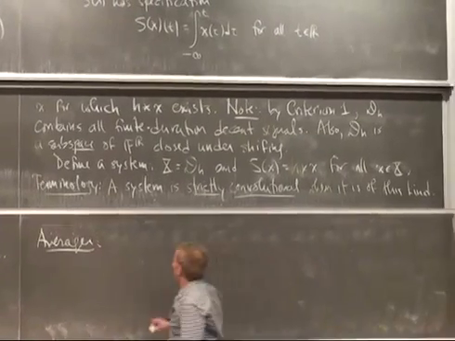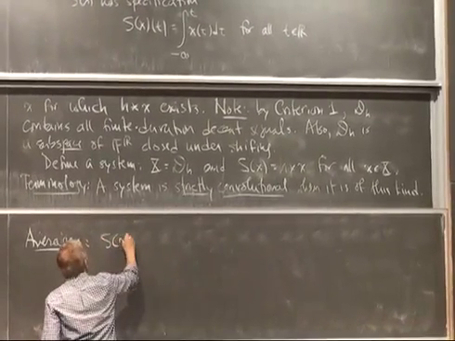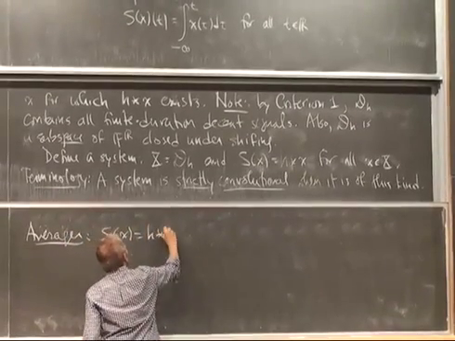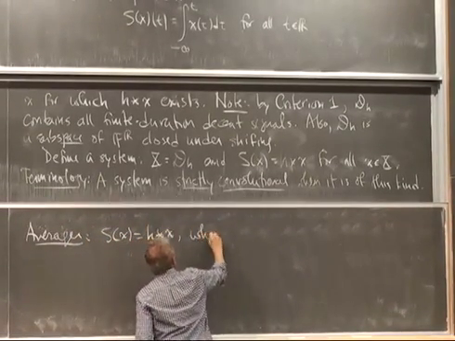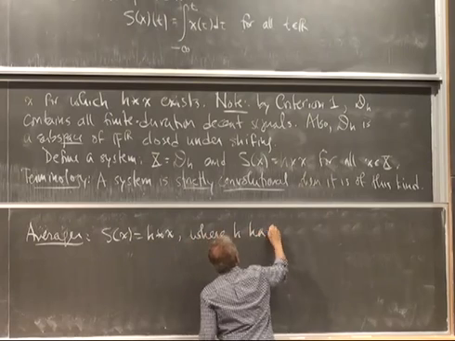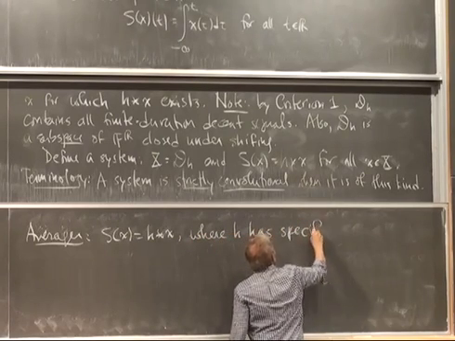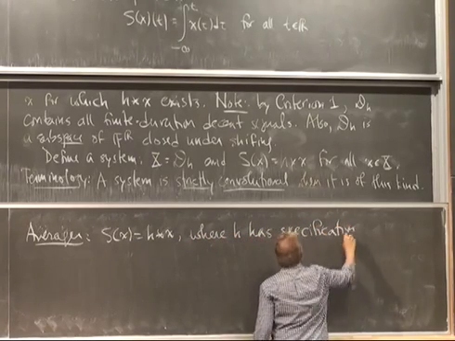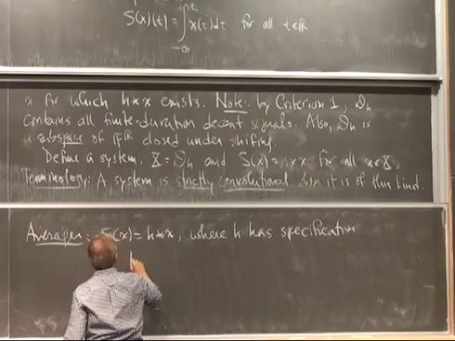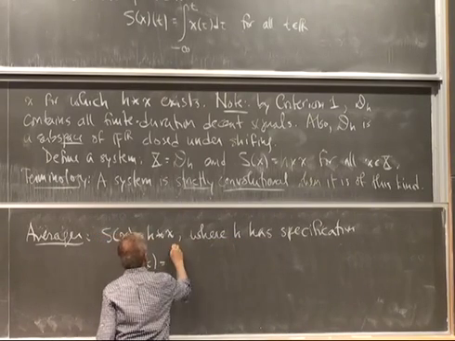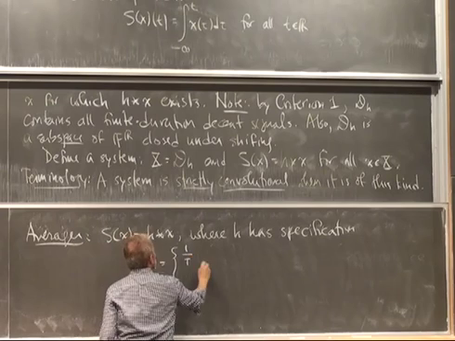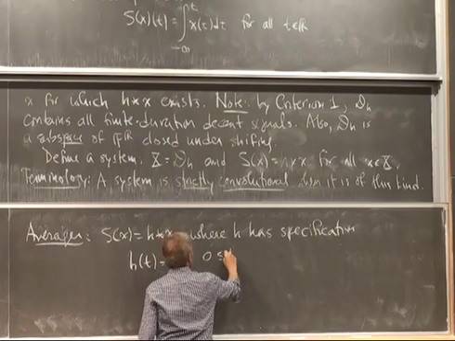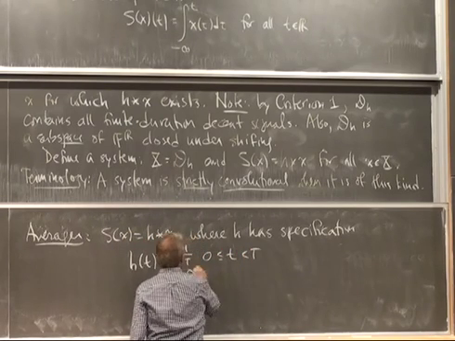It turns out that S of x equals H convolved with x, where H of t is equal to 1 over cap T when 0 is less than or equal to little t less than cap T, and 0 otherwise.